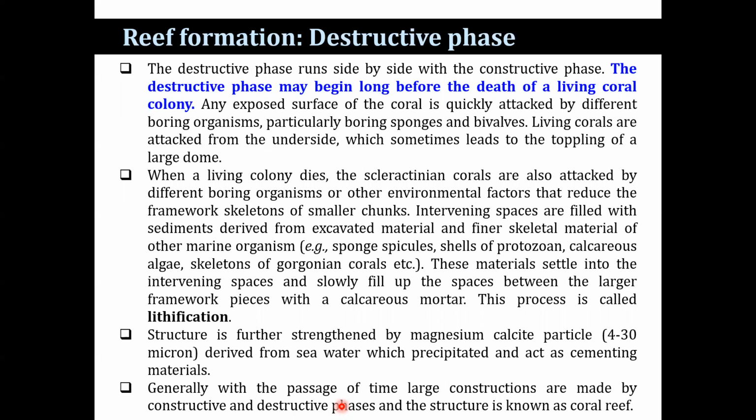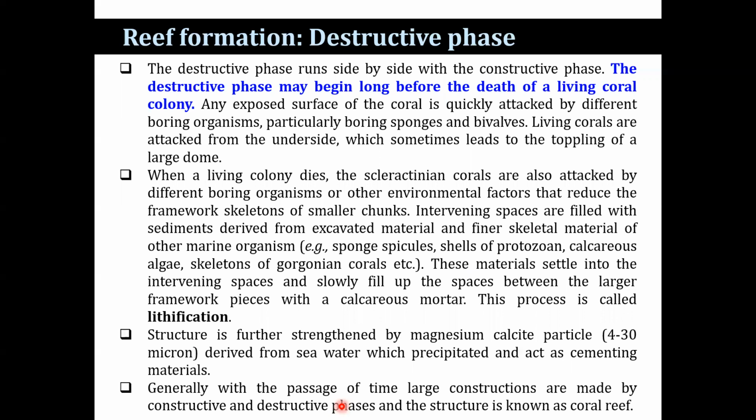Living corals are attacked from the underside, which sometimes leads to the toppling of the large stem. When a living colony dies, the scleractinian corals are also attacked by different boring organisms or other environmental factors that reduce the framework skeleton to smaller chunks.